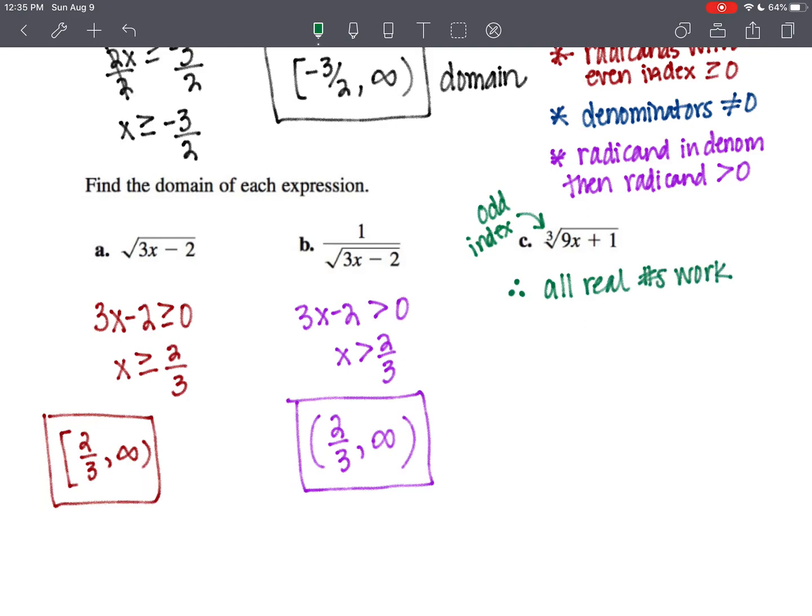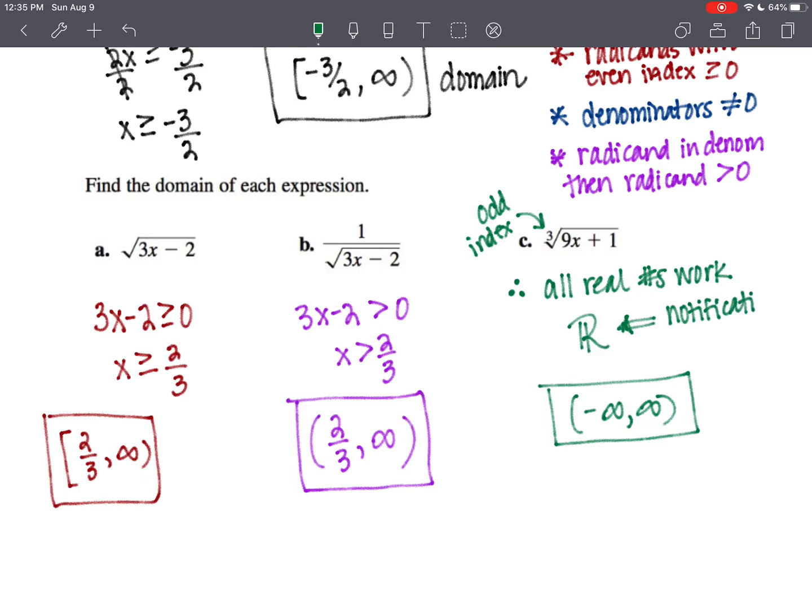And the reason all real numbers work is not only because you've got the odd index, but because you don't have that radical in the denominator. So all real numbers work. This is one way to write all real numbers. In interval notation, negative infinity to positive infinity is another way. But this notation right here, very important that you know what that means, so that if you see it on a test, you know that that means all real numbers.